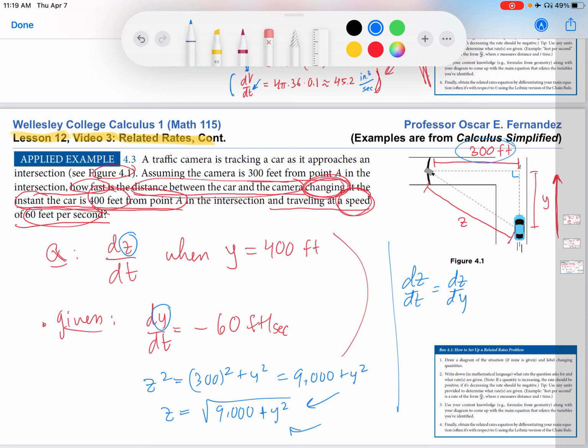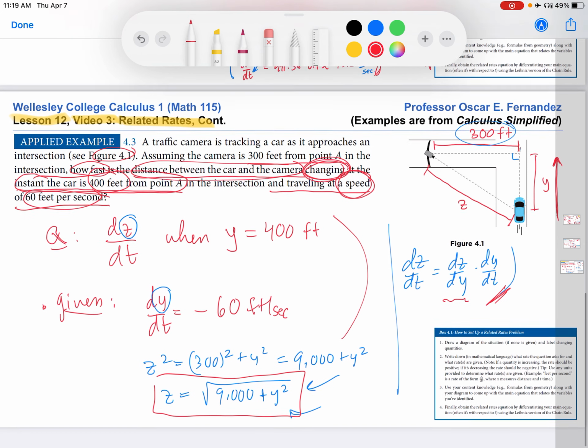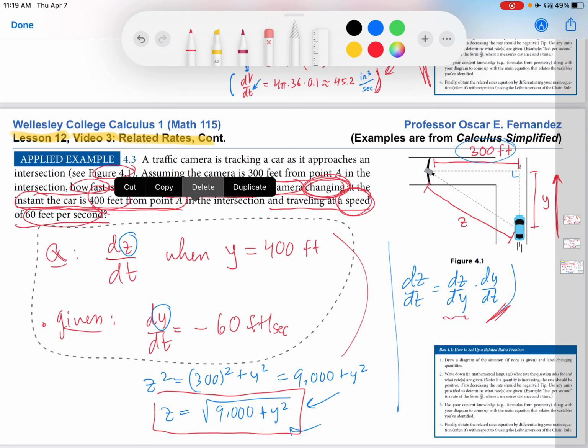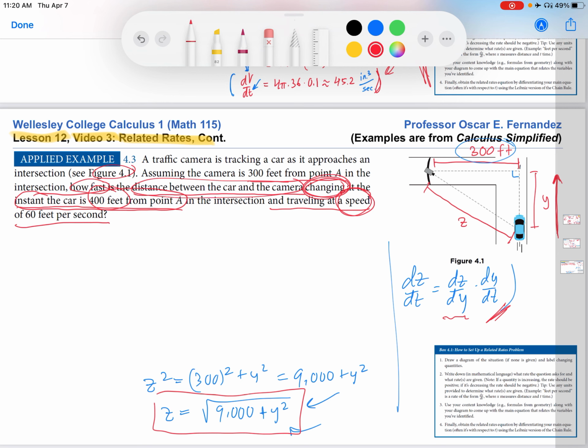The actual variable that shows up here, times dy dt. So this tells us that we're going to have to find the derivative of z with respect to y down here. And then whatever that is, we multiply it by dy dt. Great, so I will give myself some more room by erasing things here, right? I'll keep that in memory so that we use them when we come to the end of the problem.